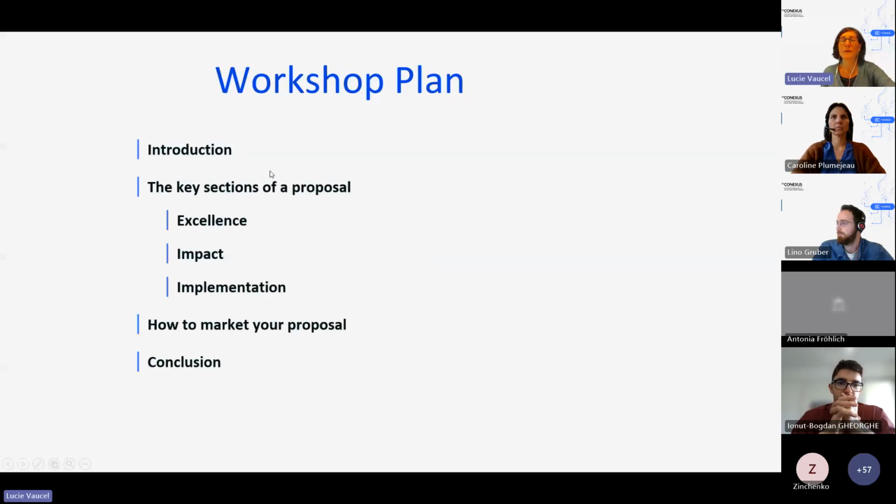Actually, we plan to go through the three main sections of a Horizon Europe proposal: excellence, impact, implementation. Please keep in mind that this is based on the structure of a Horizon Europe proposal, but those topics, excellence, impact, implementation, will also be present in other calls for proposals at national level or at European or international level.